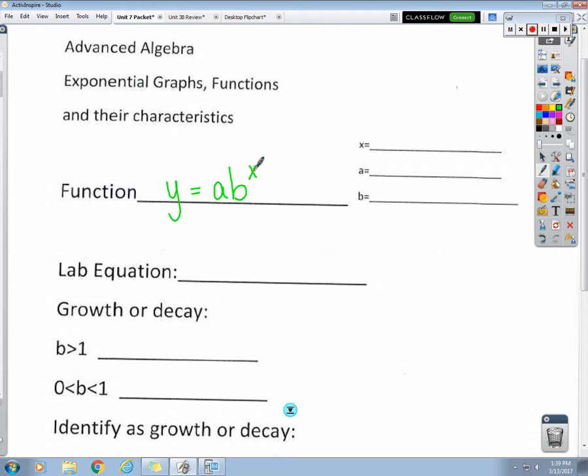X is always time. Your a is your starting value. And your b is your base, which is also the growth or decay factor.